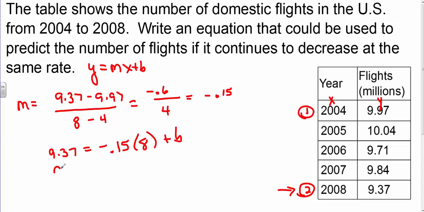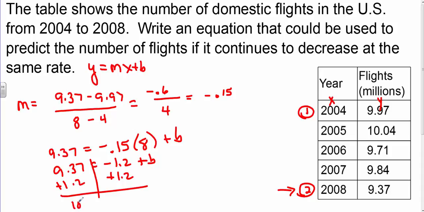That gives us 9.37 is equal to negative 1.2 plus b. Add 1.2 to both sides, and you get 10.57 is equal to b.